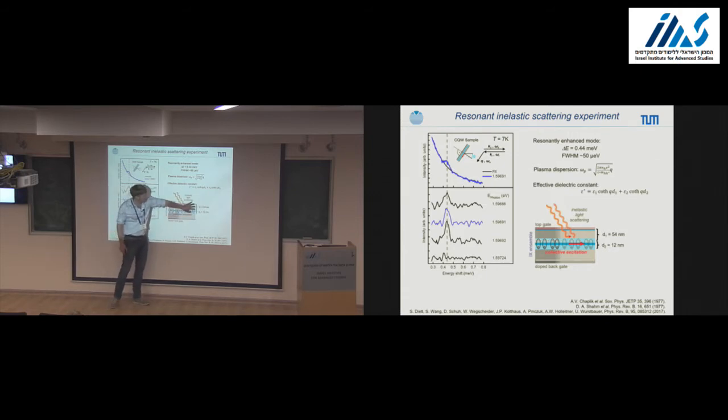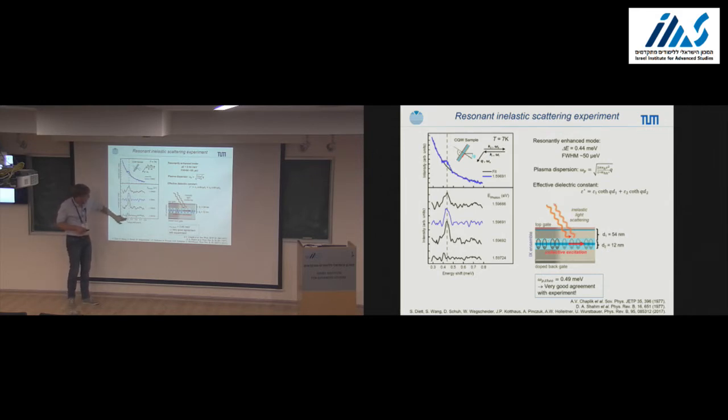The distance to the top gate is in this case 54 nanometers and to the holes only 12 nanometers. When we put in this renormalized effective dielectric constant, we find an energy of about 0.49 meV. That's in very good agreement, surprisingly. By that we can explain why between 0.4 and 0.5 meV with respect to the incoming laser, we have a small resonance.